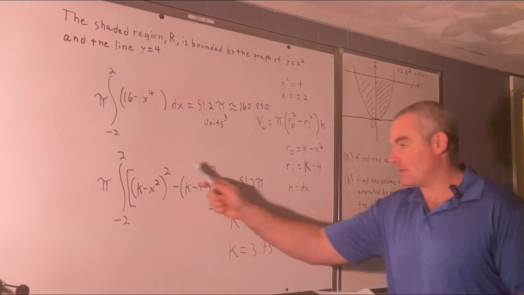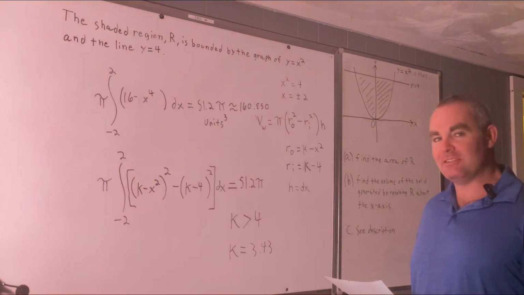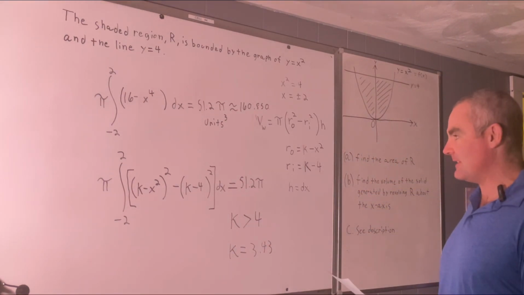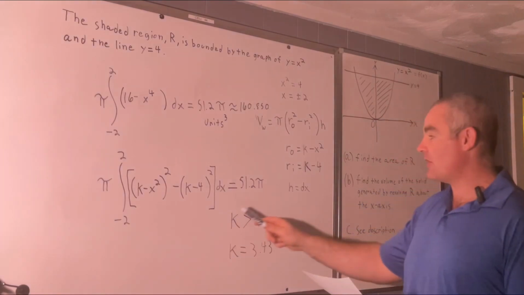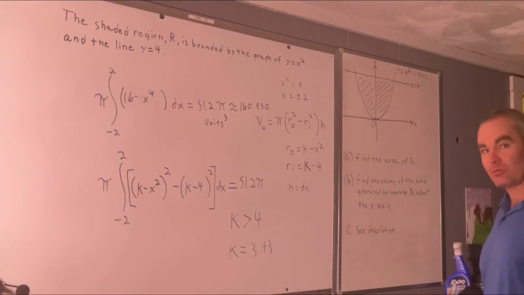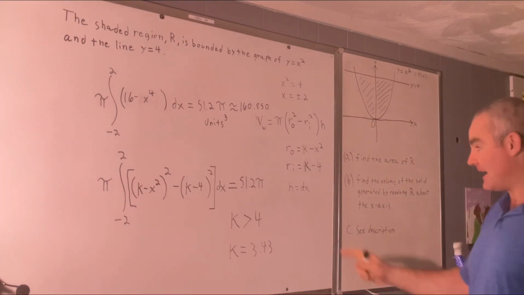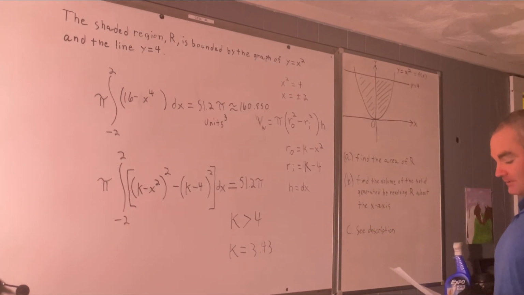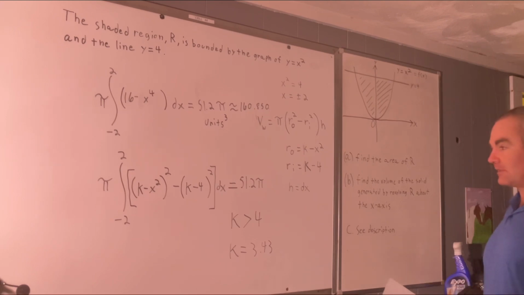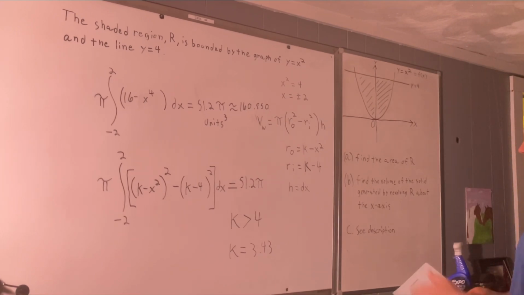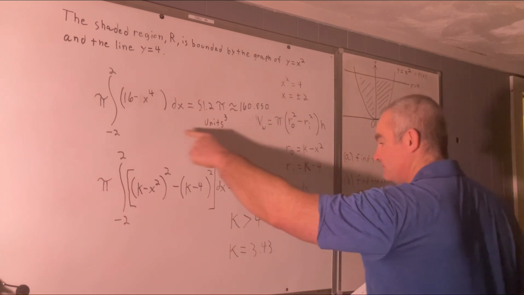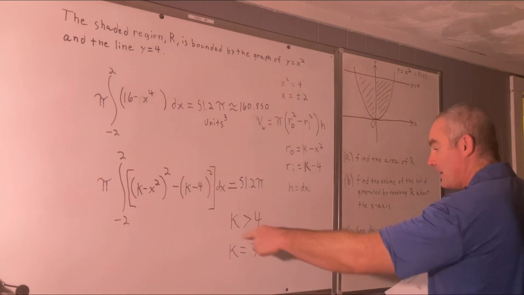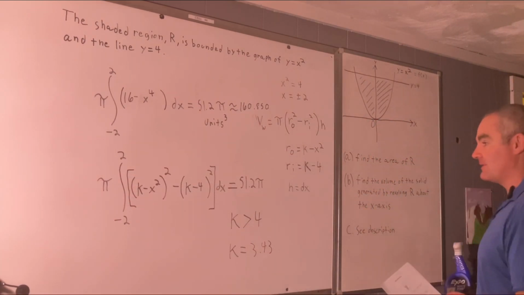I was done once I got here. I didn't need to waste the 15 minutes it took to actually try to solve this and then go back and try to resolve it thinking I had made a mistake because I didn't get an answer greater than 4. So the lesson there is definitely read the questions carefully, because once you get to here, you're done. There is no k greater than 4 that satisfies that equation.